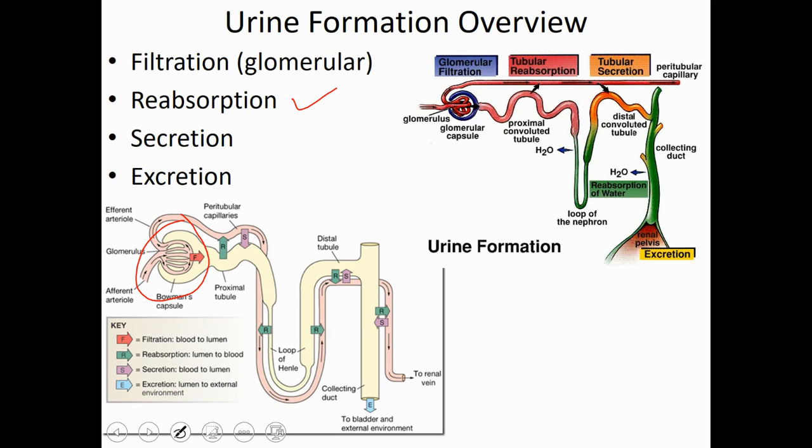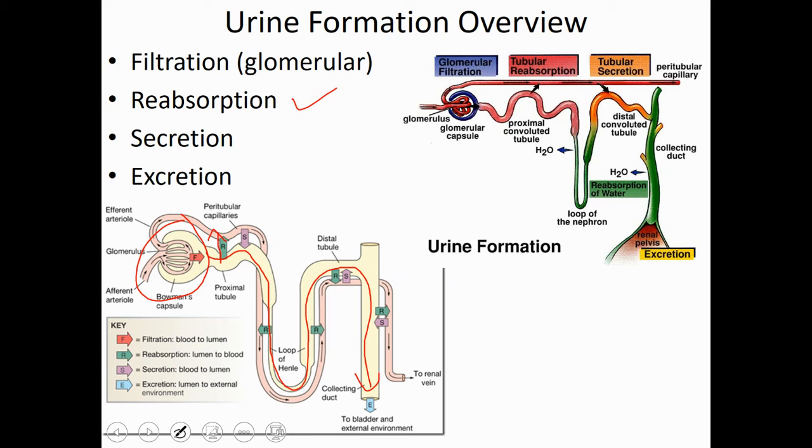This is what waste will become, and then we would get that out of the kidney. What we're going to do is take back, which we call reabsorption. We're going to reabsorb everything out of that waste and put it back into the blood.